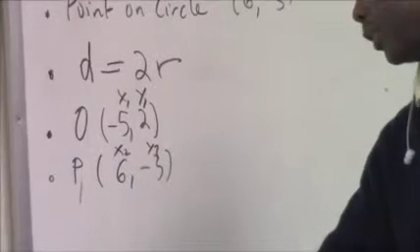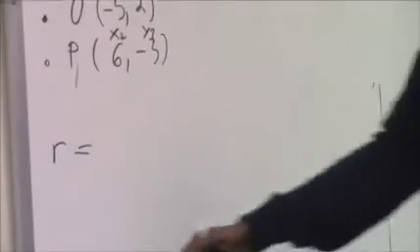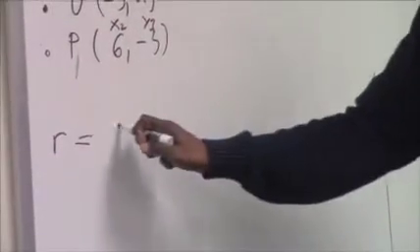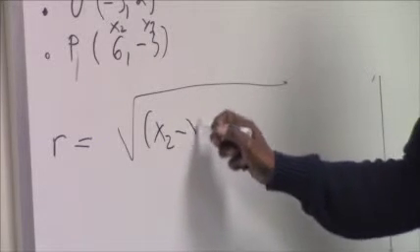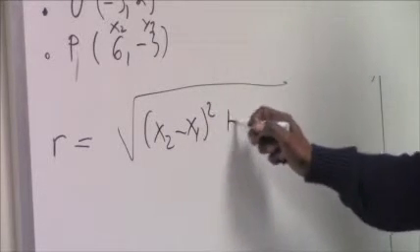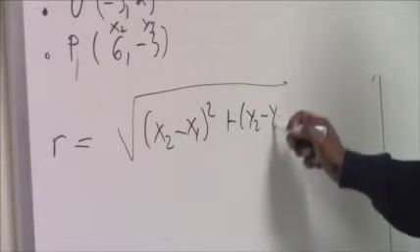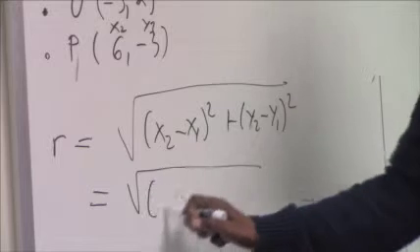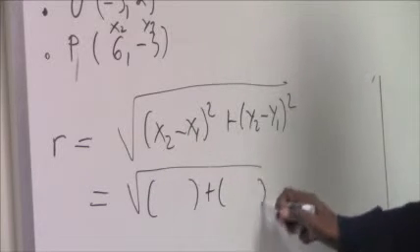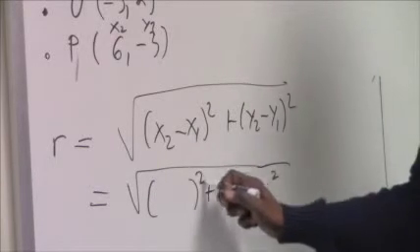So to find my radius here, I would do the formula, the square root of X2 minus X1 squared plus Y2 minus Y1 squared.